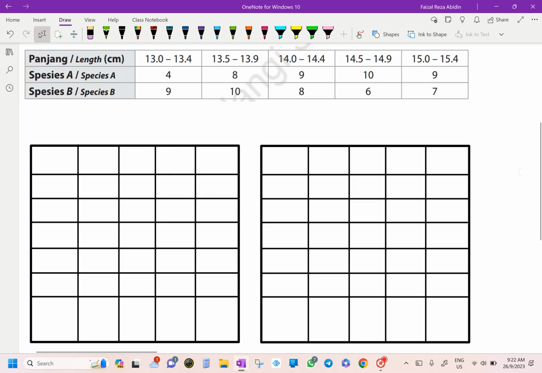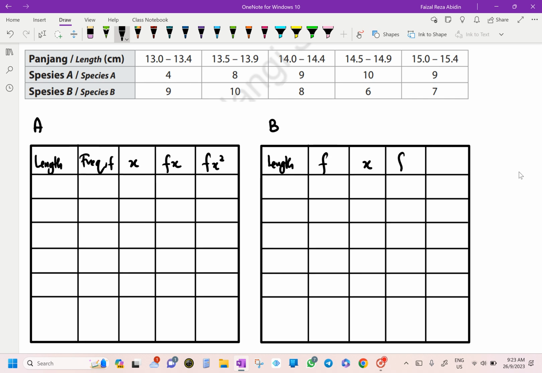This is for my species A, this is for our species B. We copy the length, the frequency, and then the midpoint, Fx, and Fx square. Frequency is F.